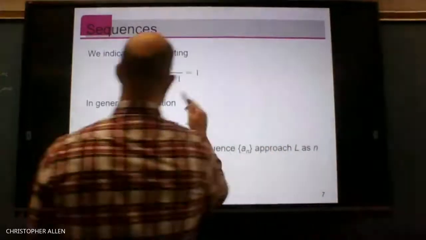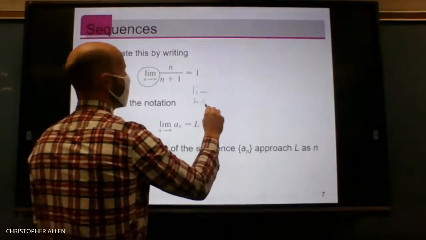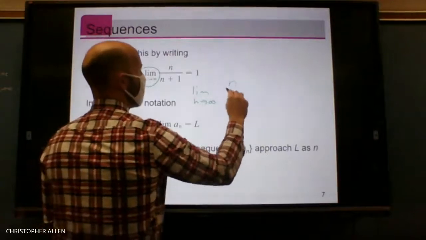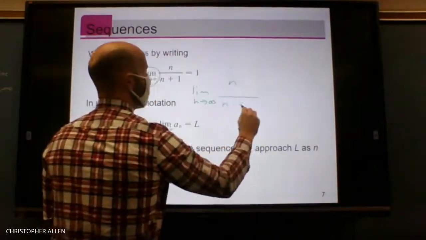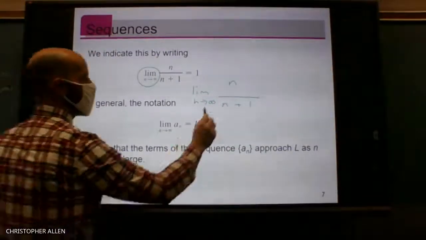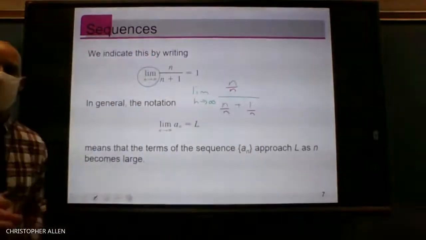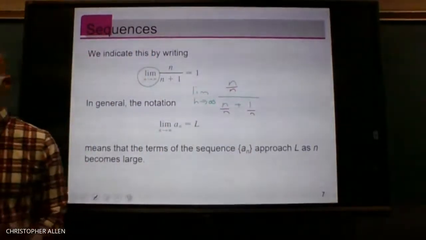Correct. So just to go back in time here, if we had the limit as n goes to infinity of n over n plus 1, like Mason just said, we could divide the top by n, we could divide the bottom by n, and when we divide by n, we have to divide everything by n, right?